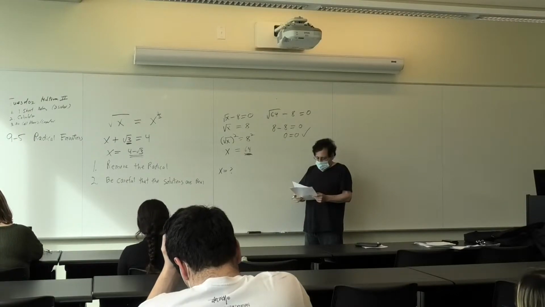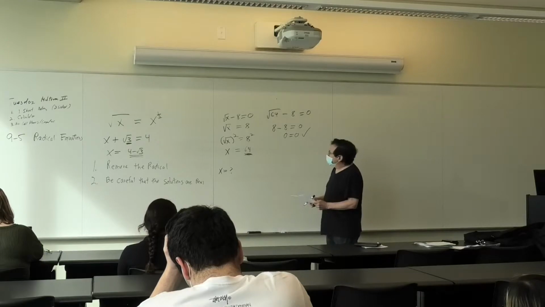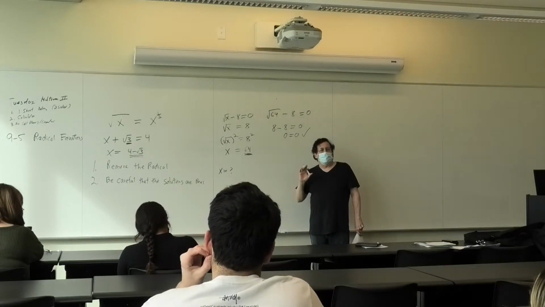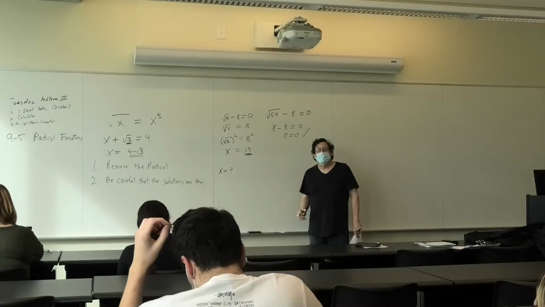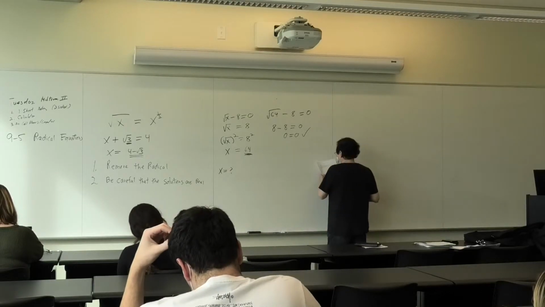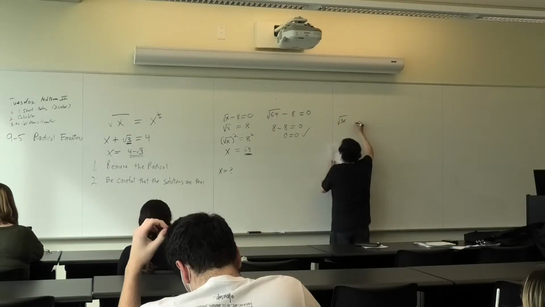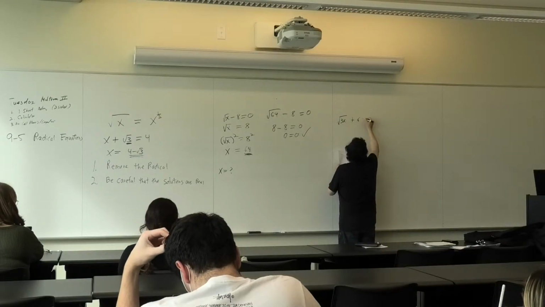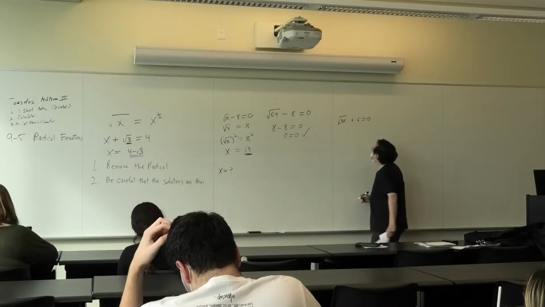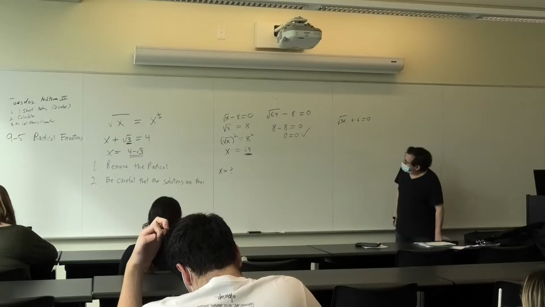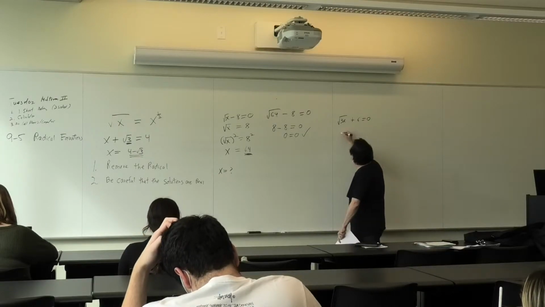All right. Let's see an example where this doesn't work out so well. Square root of 3x plus 6 equals 0. Just use the same technique.